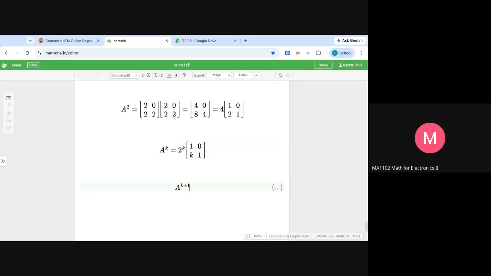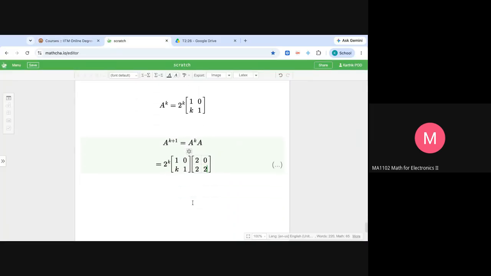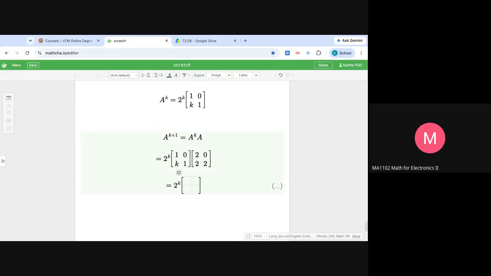So A power k plus 1, we can multiply by A. Using the inductive hypothesis, we can plug this in, and A is 2022, and we just have to verify if this is true. So 2 power k, and this is 2 0 and 2k plus 2 and 2, right? So this is what it becomes.